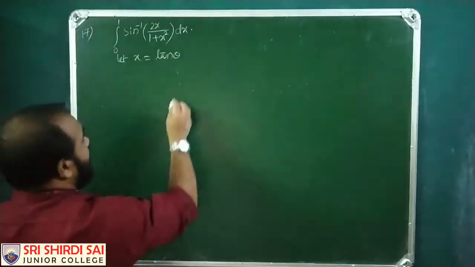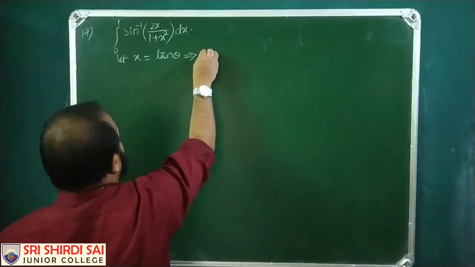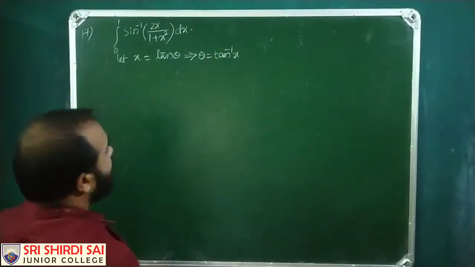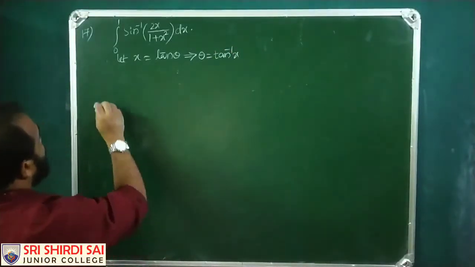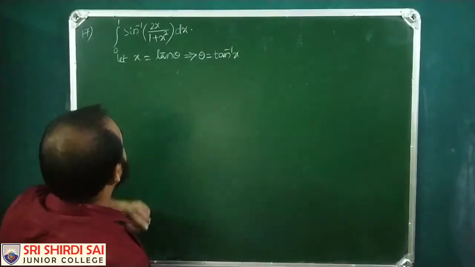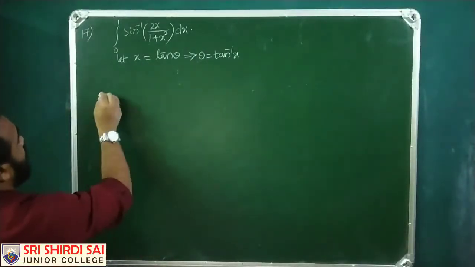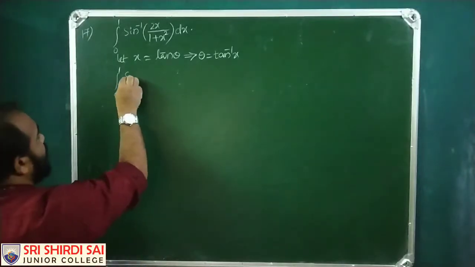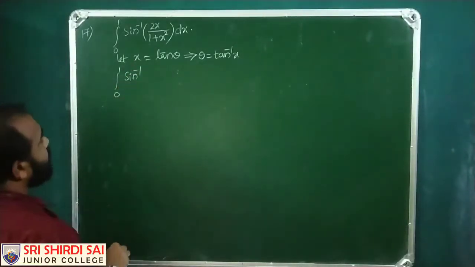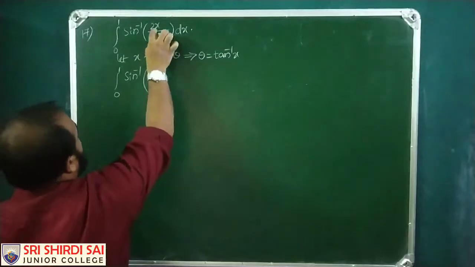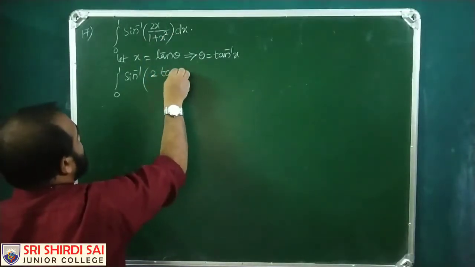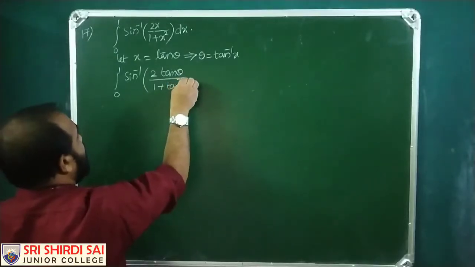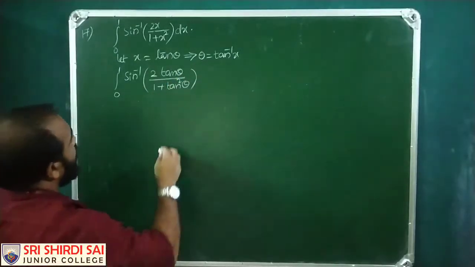If x is equal to tan theta, what is theta then? Tan inverse x, according to inverse trigonometric functions. So integral 0 to 1 sin inverse of 2 tan theta by 1 plus tan square theta into dx.